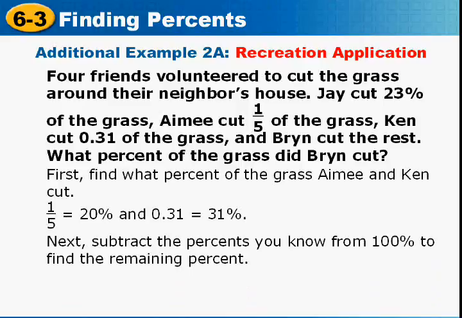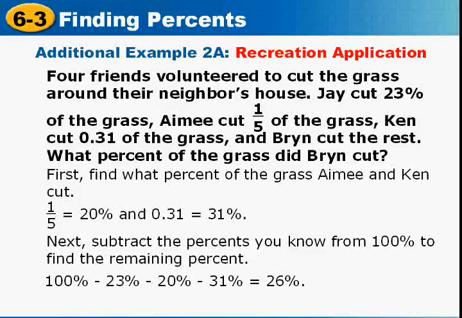So now you're going to take these percents, Jay's, Amy's, Ken's, put them all together, and then subtract it from 100. Why 100? 100% means all, total. So if 100% was all of the grass, and Jay, Amy, and Ken cut part of it, we need to take their part out, because whatever's left over is Bryn's cut.